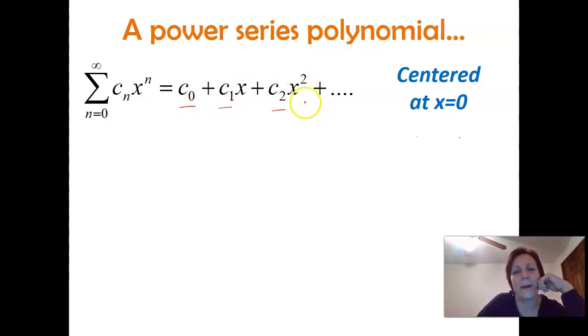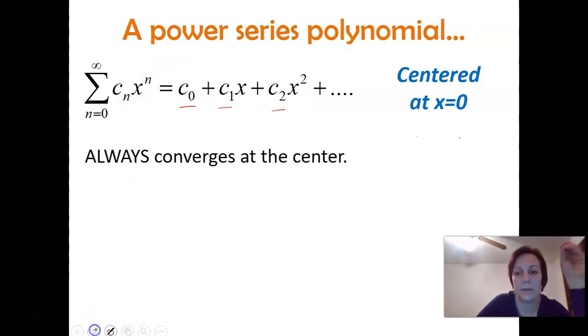I think the hardest part about this is it's written in the exact opposite way they teach you to write a polynomial in Algebra 2. They teach you that a standard form polynomial starts at the highest exponent and goes down, and then in calculus we do it the opposite way when we build them. But literally all a power series is, is a series that contains powers of x.